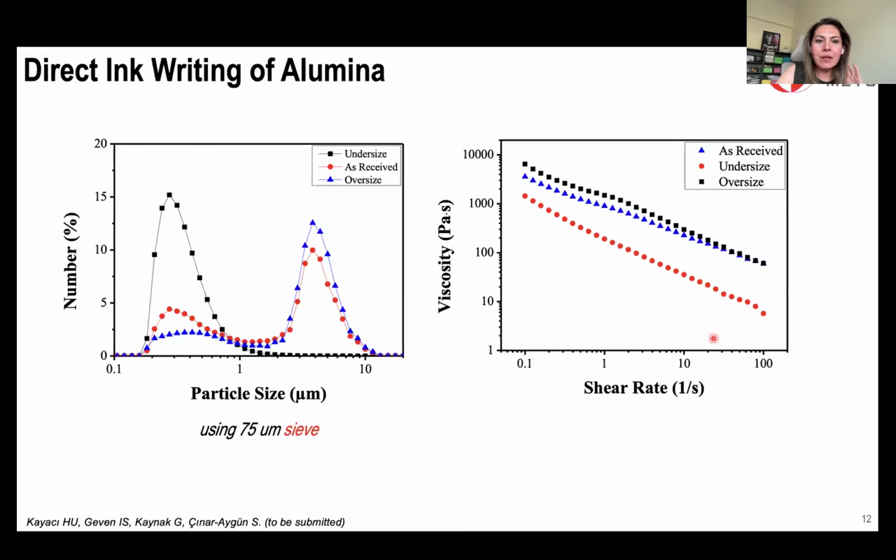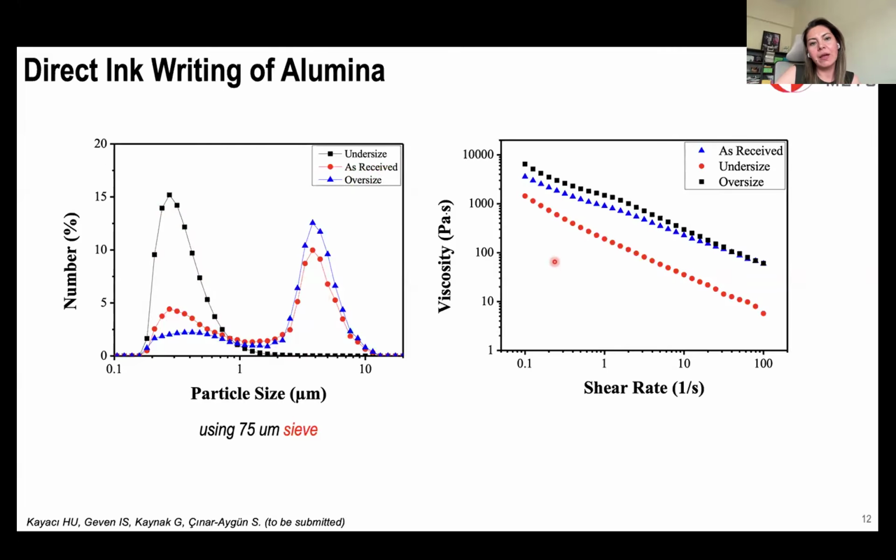And then what we have done, we just sieved those particles. We find that the sieve works just fine. So we collected the sieved powders and labeled them as undersize, and you realize that we eliminated all of those large aggregates in that sample. And whatever remains collected on top of that sieve, we labeled as oversized, and as received is the as received powder we have.